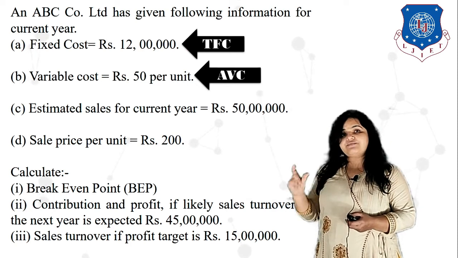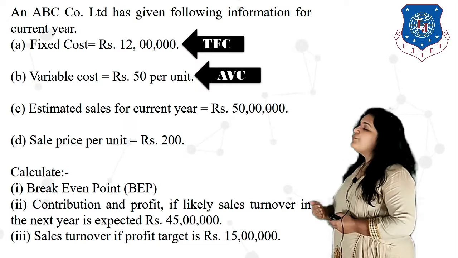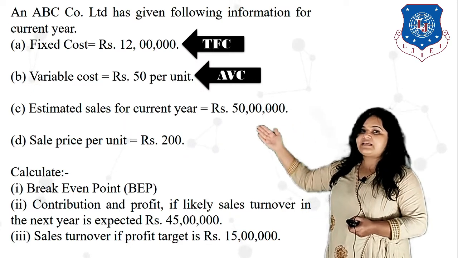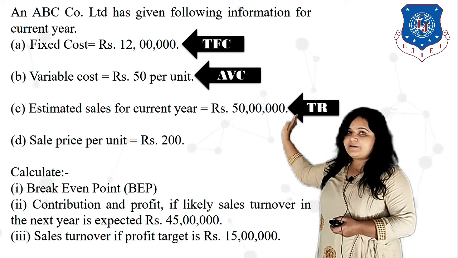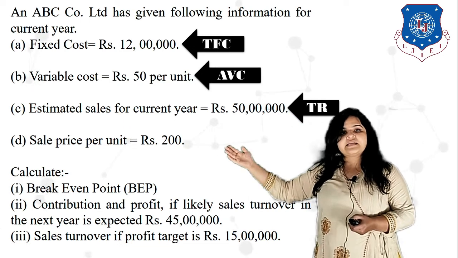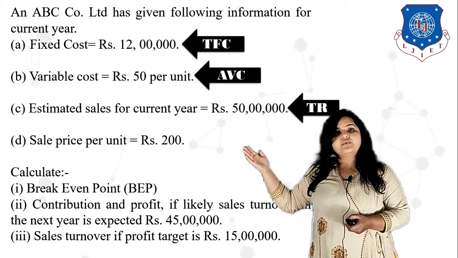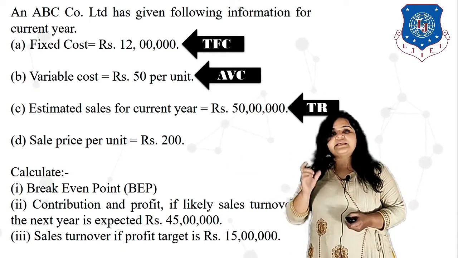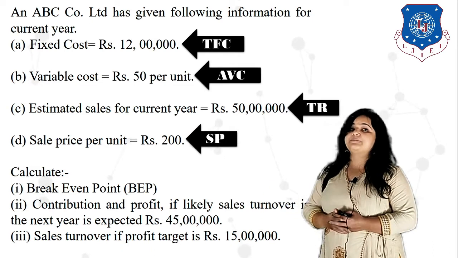Estimated sales for the current year means the revenue for the current year, 50 lakhs. What is this? Total revenue or TR. The last thing given to us is sales price per unit is equal to rupees 200, which is the selling price or SP.